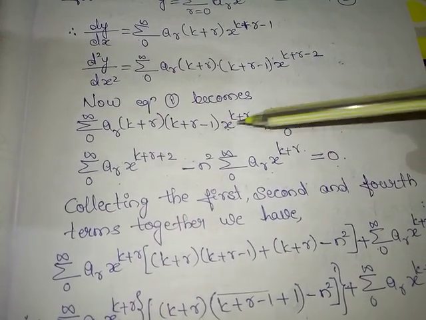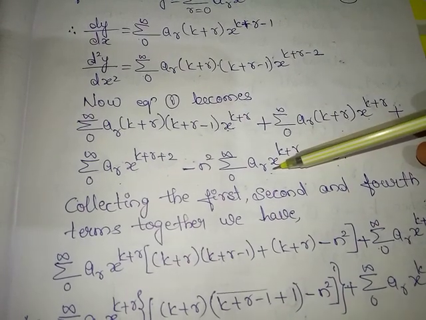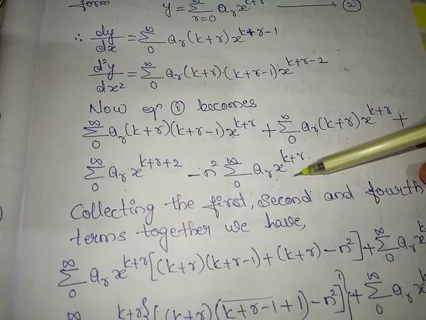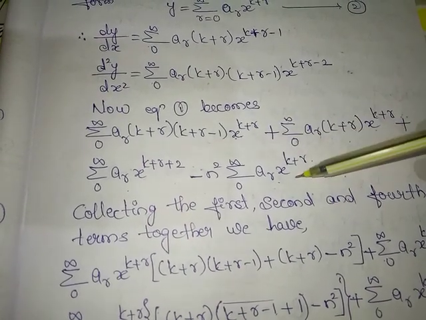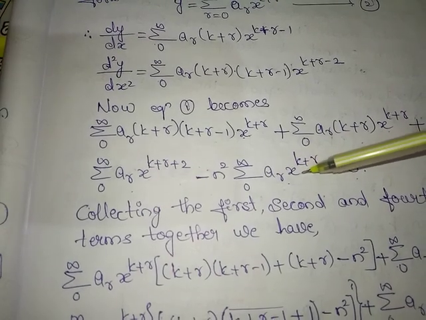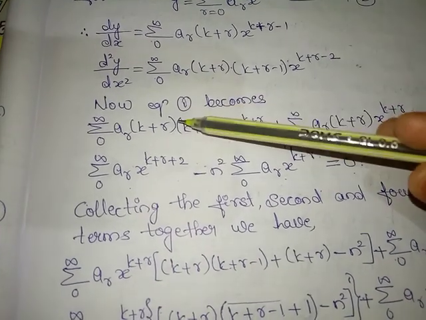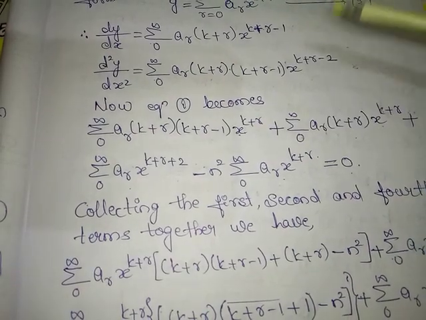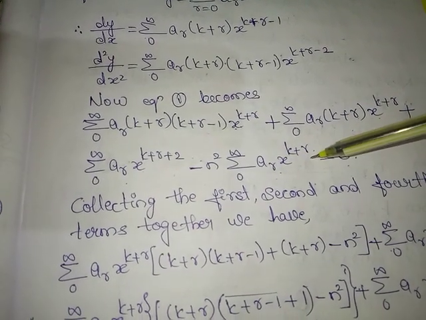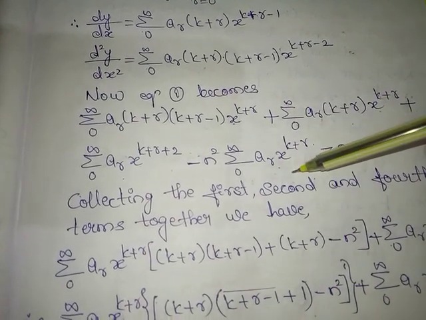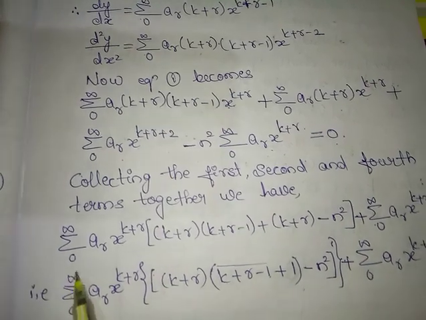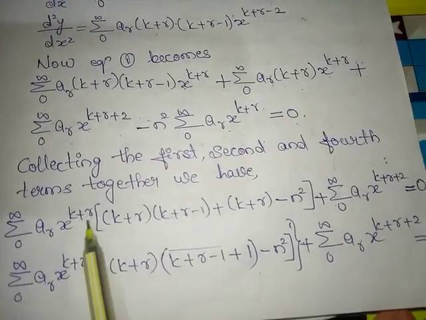Next, collecting the first, second and fourth terms together. Why? These three have the common term, that is ar x raised to k plus r. Collecting these three together, we get summation r running from 0 to infinity ar x raised to k plus r.